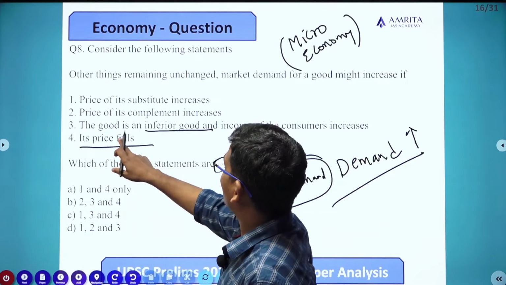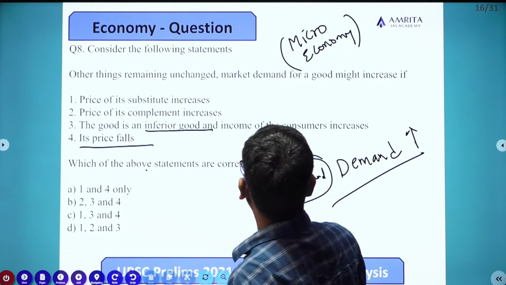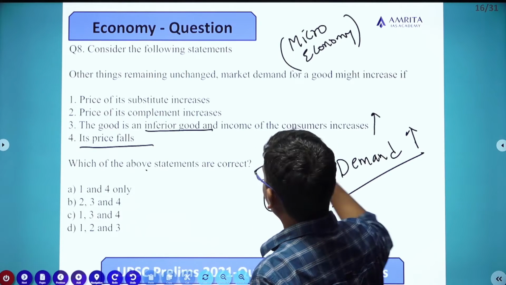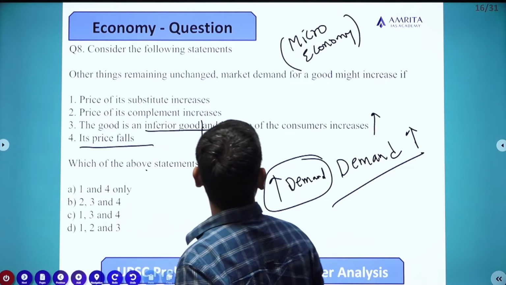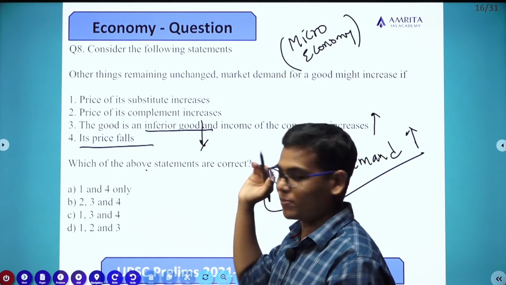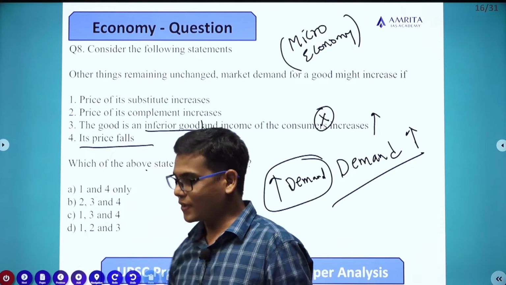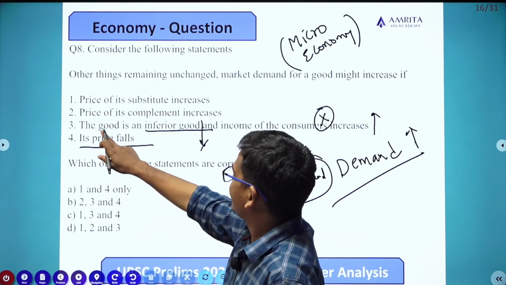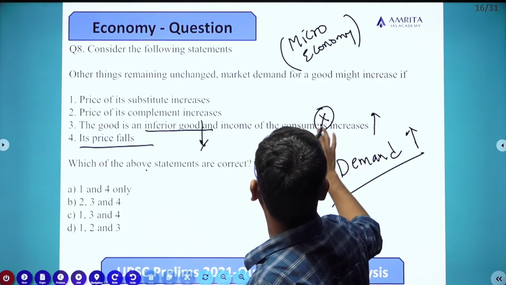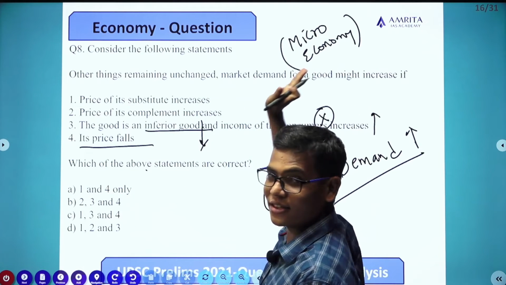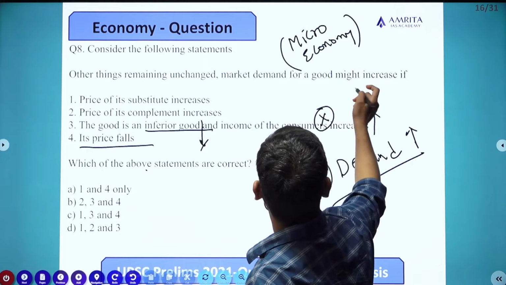If the good is an inferior good and the income of the consumer increases, its demand comes down, it doesn't go up. So this statement is wrong. The inferior good's demand will decrease when the consumer's income increases, but the question asks about the demand for a good that might increase.